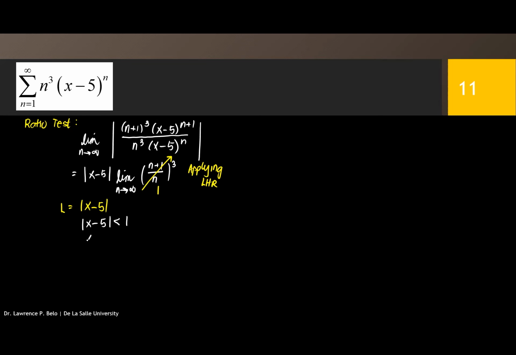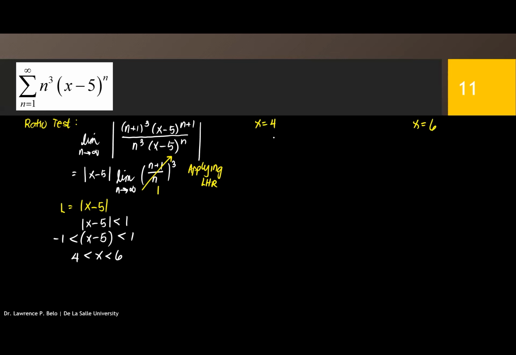For it to be less than 1, x minus 5 has to be greater than negative 1. Therefore, x is less than 6 and greater than 4, right? So let's evaluate when x is equal to 4 and x is equal to 6.